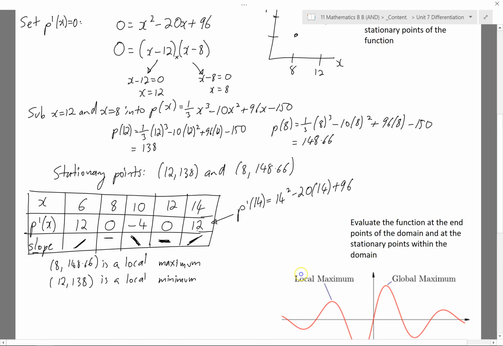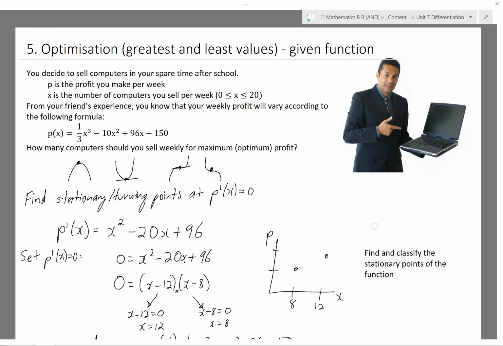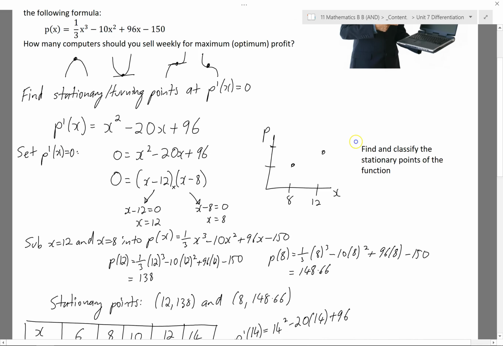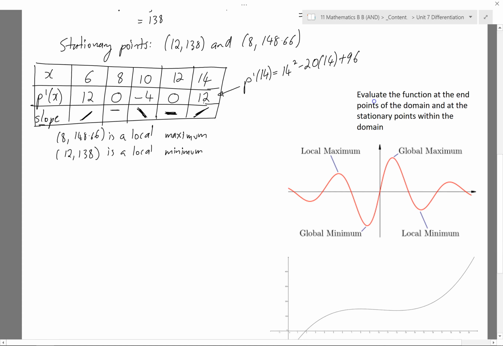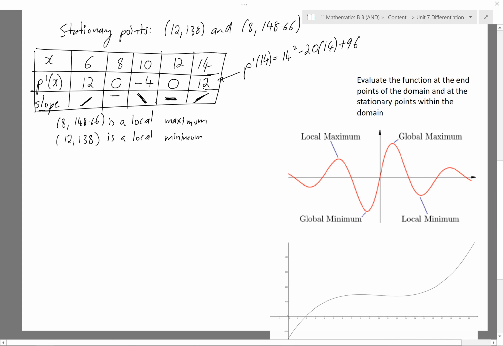If we look back to our problem, we'll recall that we have a domain here, that the number of computers we can make is also between 0 and 20. So to find the greatest and least value, or in this case, we're just after what's the maximum amount of profit we can make, I need to make a little table to find the greatest or least value.